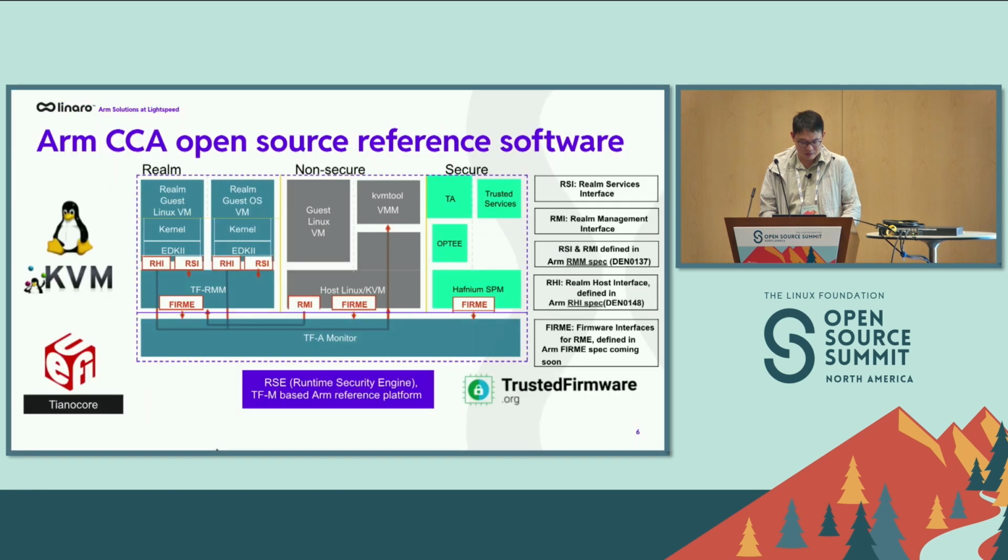TF-A is running in the root state. So they are not running on another MCU. They are really running on the servers. And the RMM here is running in the realm world. The reason it's called firmware is because it's not part of the operating system. Yes, we treat it as firmware.